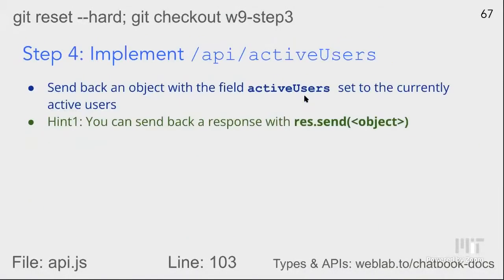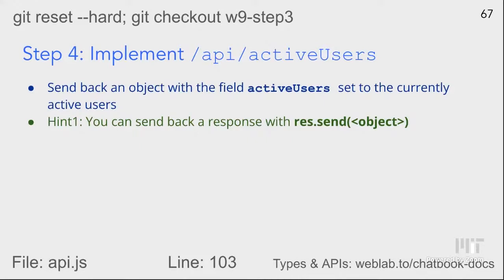So if you make sure to git reset hard and git checkout to W9 step 3, and try and implement the API/active users endpoint in API.js. The thing we want to do here is just send back an object with all the people who are currently online.